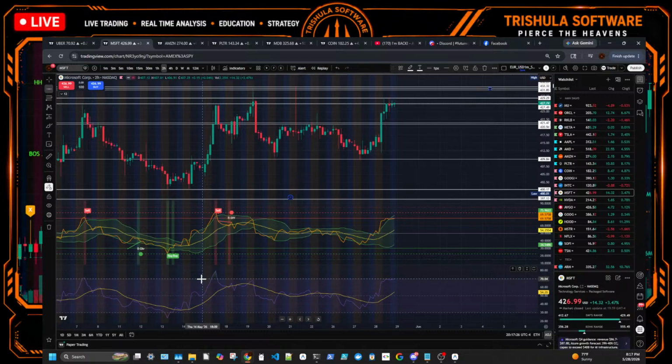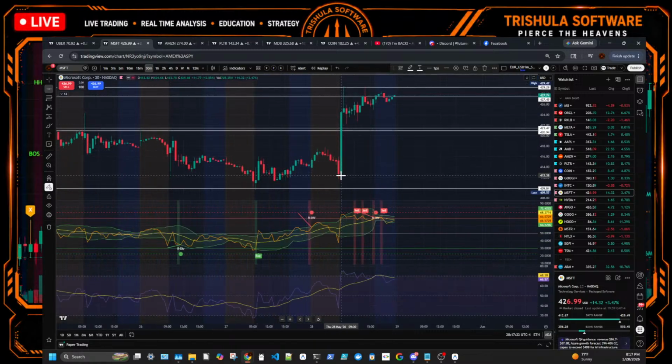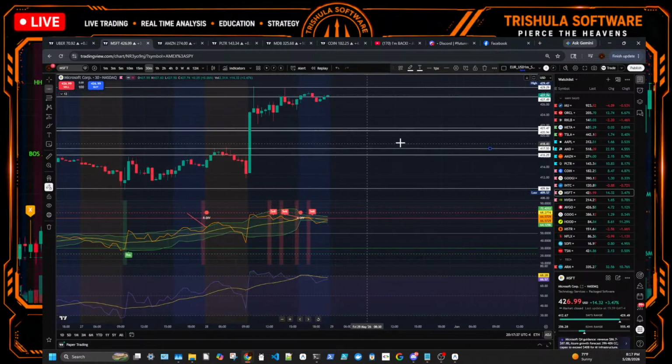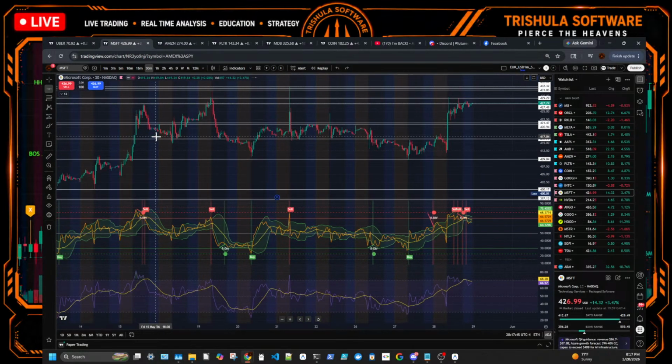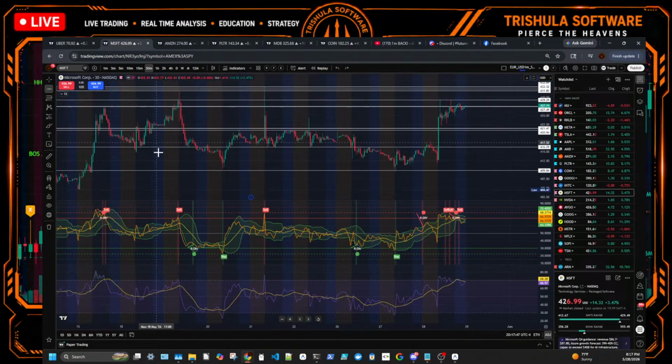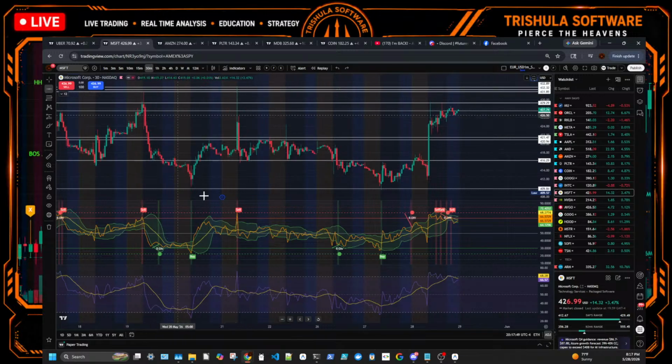All right, so we're here on Microsoft on the 2 hour. We're going to drop everything down to about a 30 so you can see how everything acts at 9:30 when it opens. Microsoft has been a stock that we have been pounding a lot lately because Microsoft is relatively easy to trade if you mark out your levels, as you can see right here.